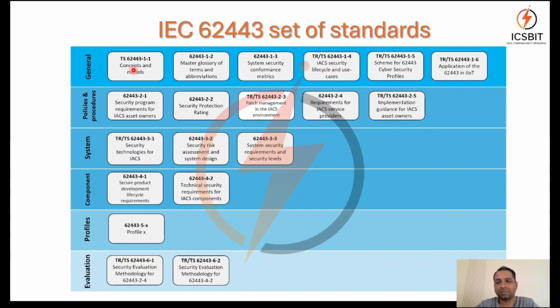Second one is the most important slab in 62443, that is policies and procedures, where it deals with two important players in the 62443 context, or even the industrial automation control life cycle. The first player is your asset owner. Why is he important? Because he has the problem statement and also the budget.